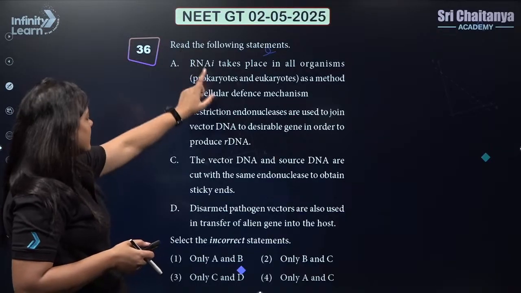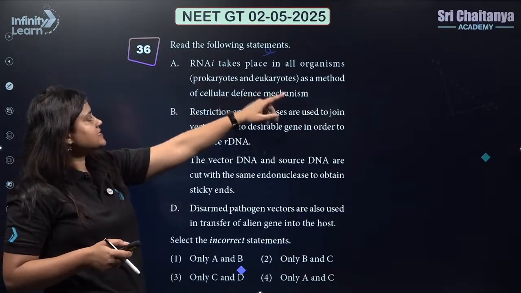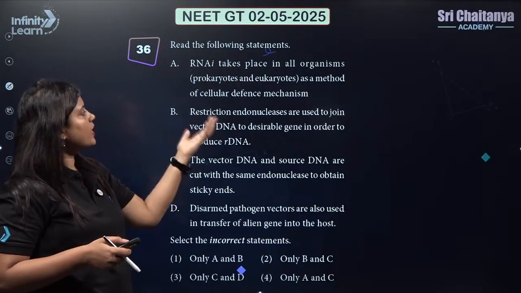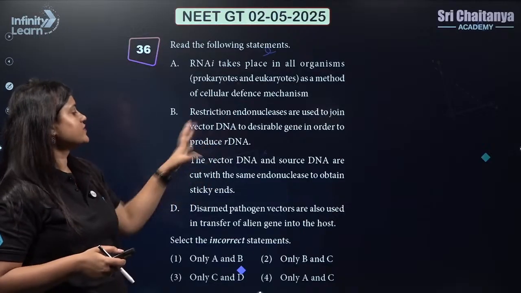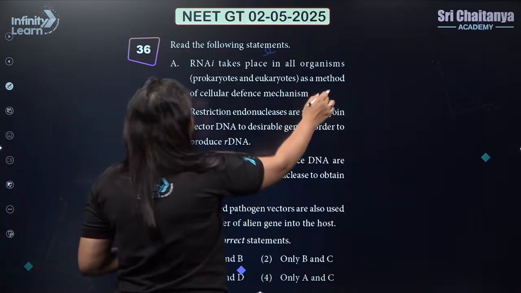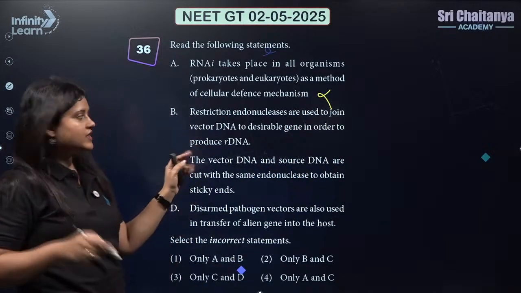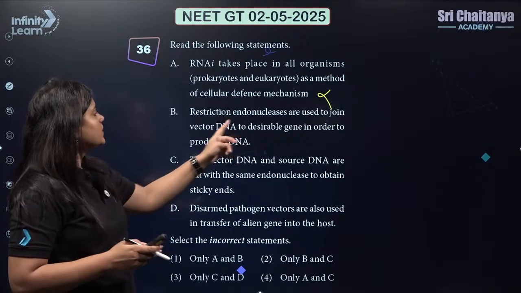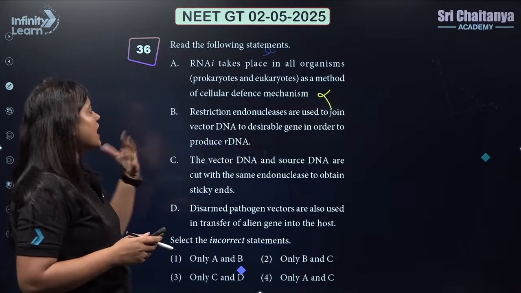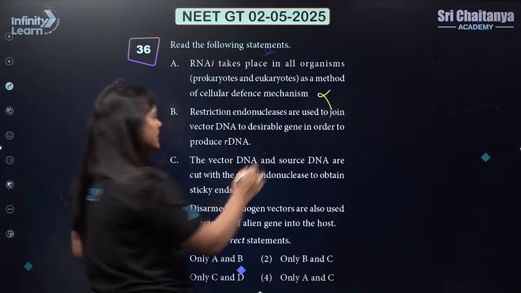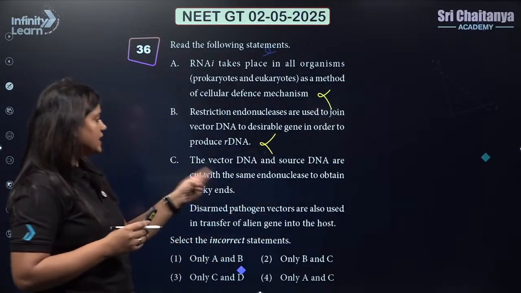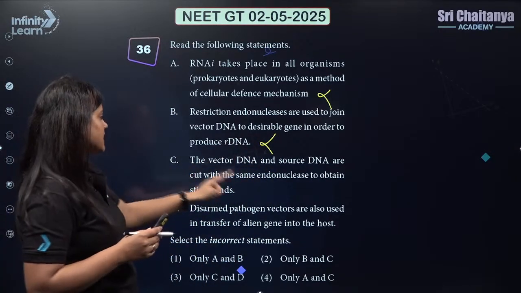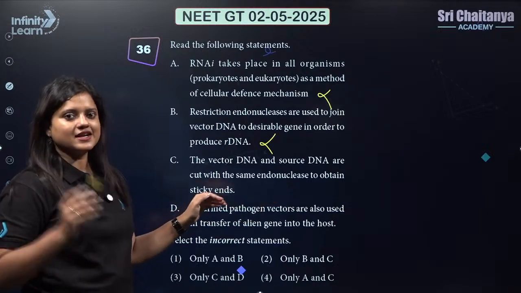Now, RNA interference takes place in all the organisms, prokaryote and eukaryote, as a method of cellular defense mechanism, which is wrong. Restriction endonucleases are used to join vector DNA to desirable gene in order to produce rDNA. No, we use DNA ligase. The vector DNA and the source DNA are cut with the same endonuclease to obtain sticky ends, that is required.